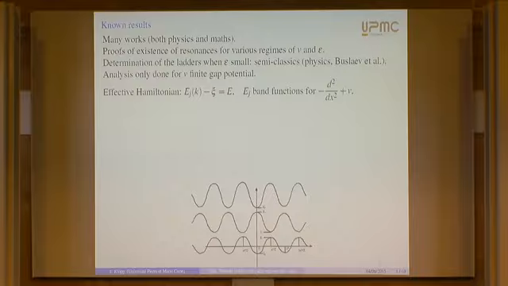So what are the band functions? You can try to solve the eigenvalue equation for this with quasi-periodic boundary conditions, right? If you impose quasi-periodic boundary conditions, what you are going to find is that the spectrum of the operator is going to be discrete.